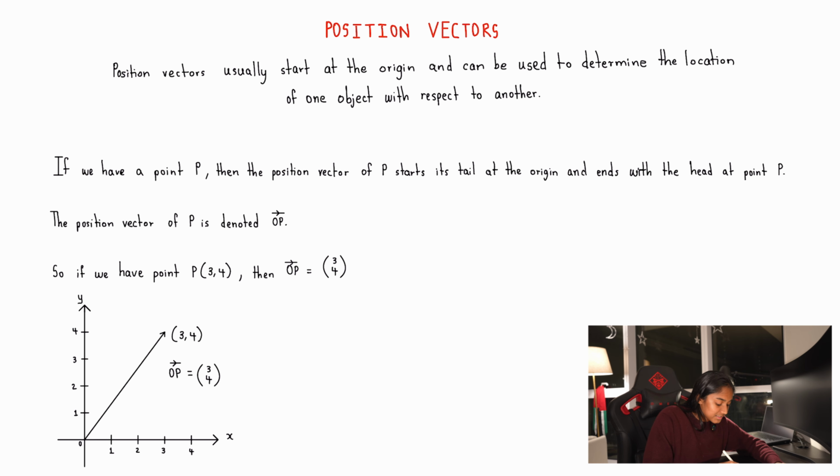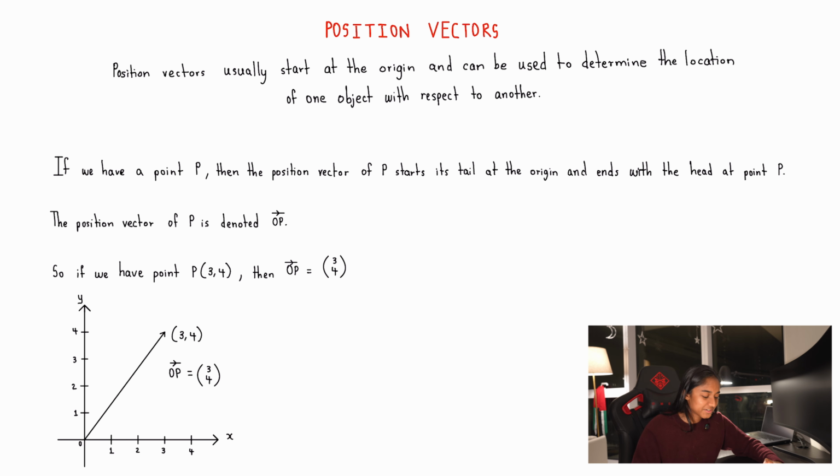The position vector means that it will start at the origin, so this is 0 here, and then we go all the way up to point P. And since we have a point here in this example, we have a point P, which is 3, 4, we could plot that point, and the position vector would be this arrow here, okay? So we will say OP in this two-dimensional space is equal to (3, 4).